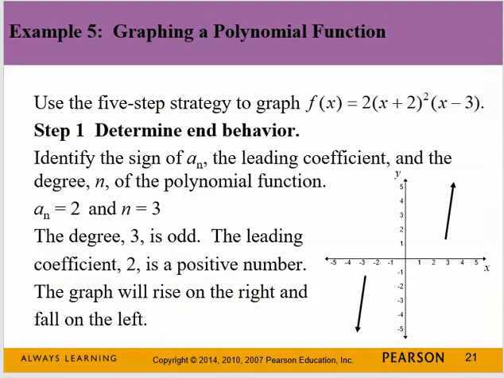Now, we're going to go through the 5 steps in some detail. So number 1, determine the end behavior of it. Well, here we see that our A value here is positive. It's to the second degree here, but keep in mind there's also another degree there.